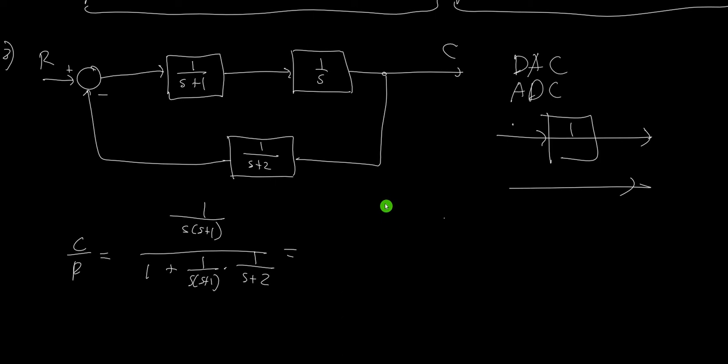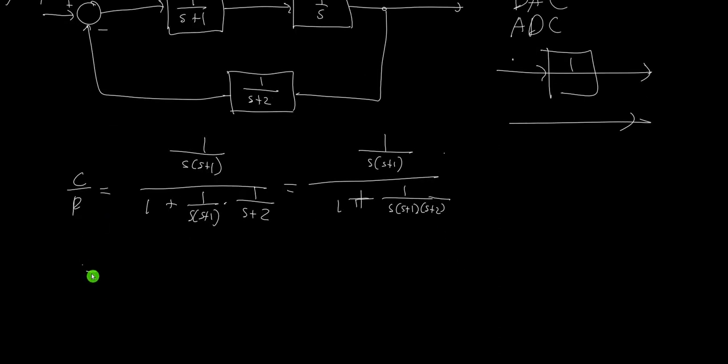And simplify this. 1 over S times S plus 1, over 1 plus 1 over S plus 1 times S plus 2. Then simplify further. This will be equal to 1 over S times S plus 1, all over S times S plus 1 times S plus 2, then plus 1.